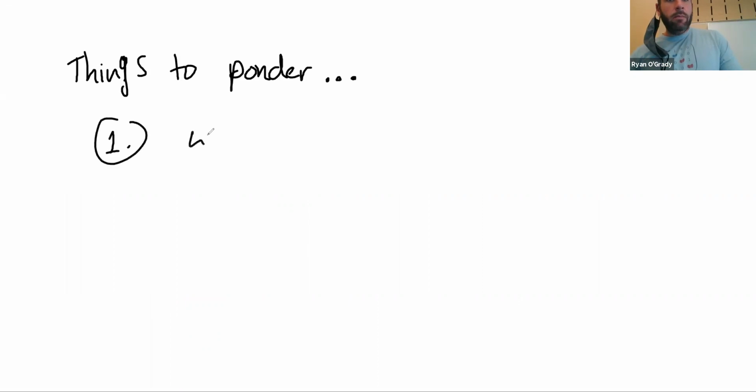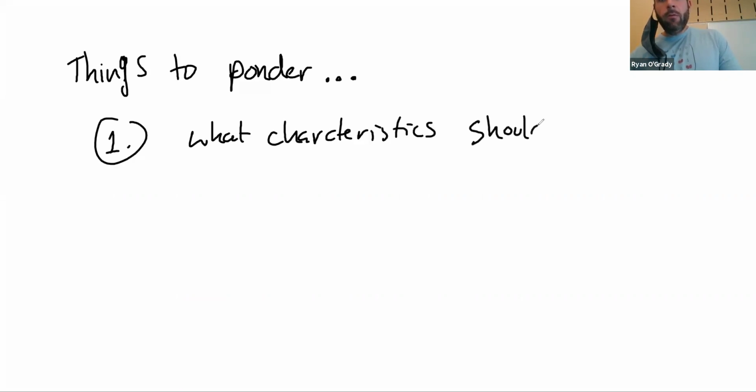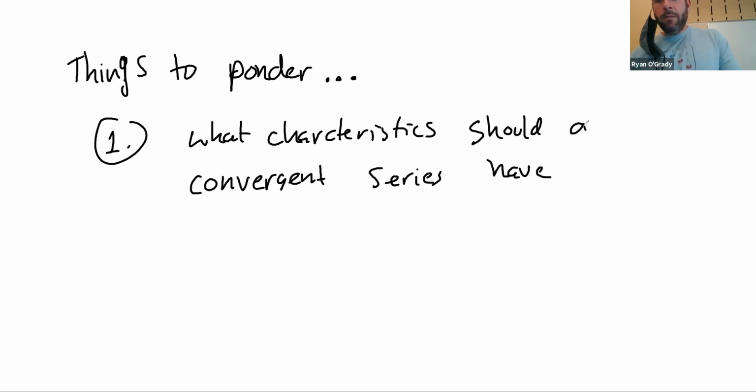Number one, what characteristics should a convergent series have? That means if we want to determine what types of series converge, what properties should they have? Ponder, yes, think about it.